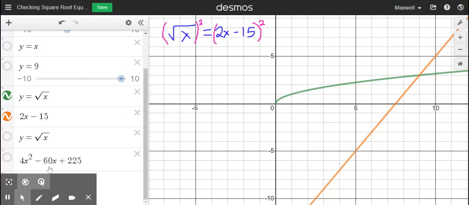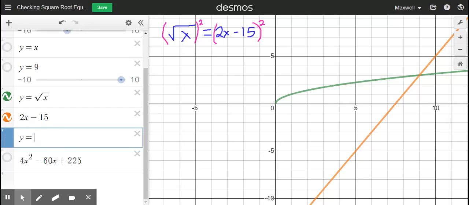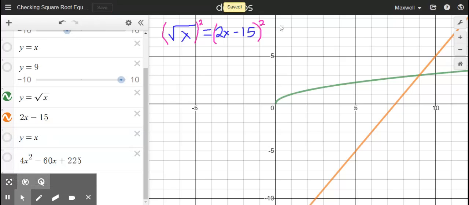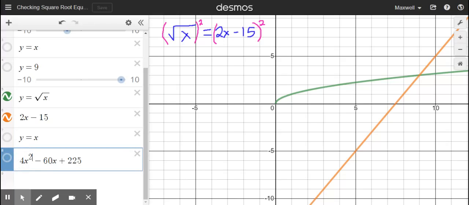And so once you've done that, you get that the left side of your equation ends up being just x, y equals x. And we have the other side, if you do 2x minus 15 times itself, that would multiply out to 4x squared minus 60x plus 225.